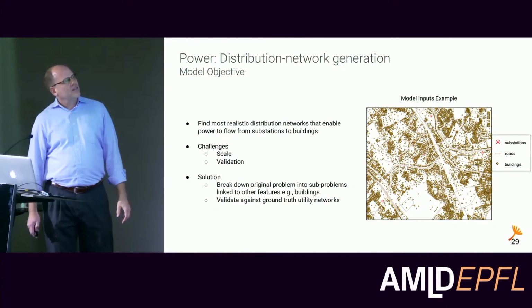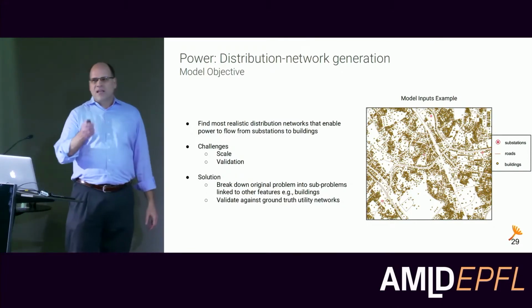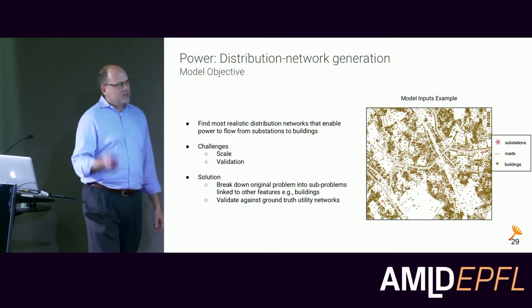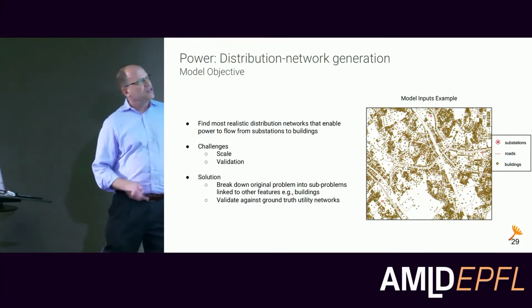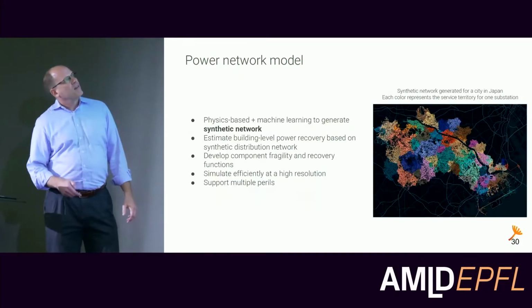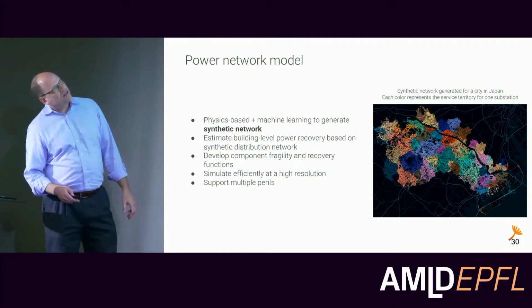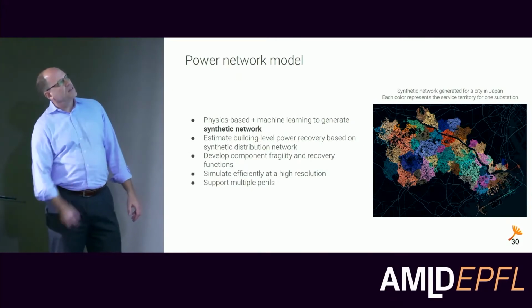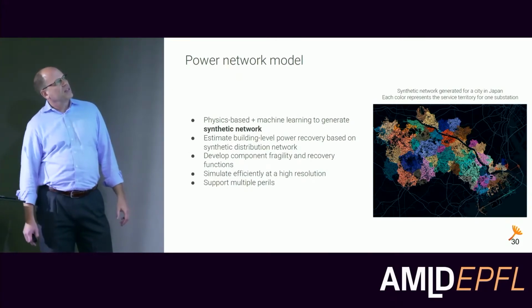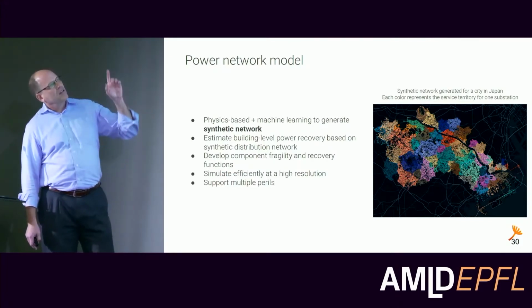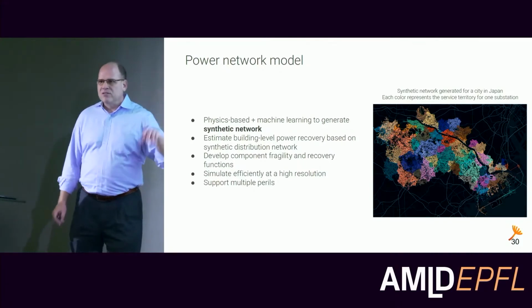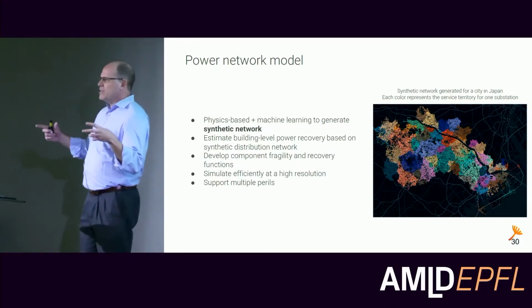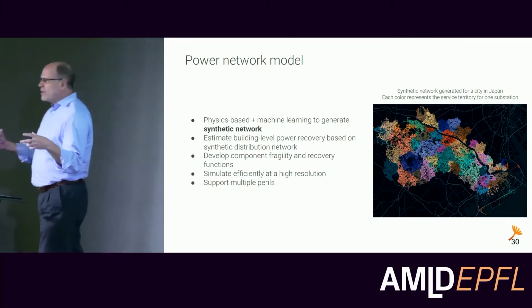And the other thing that we do is we break down this fragility and recovery problem into subproblems. So this is just an example that we did on Japan, just to give you an idea of the level of resolution. But here we're going to use the physics-based models to give you some kind of constraint on how we synthetically generate the data.